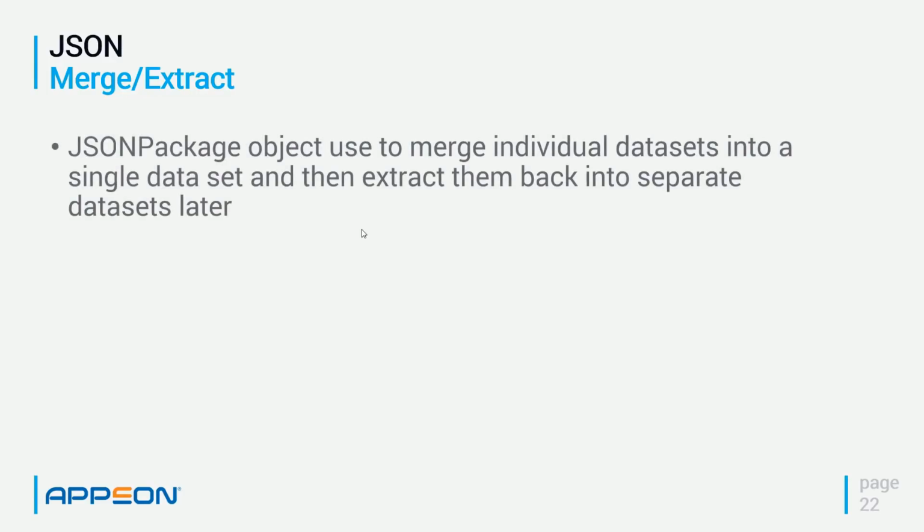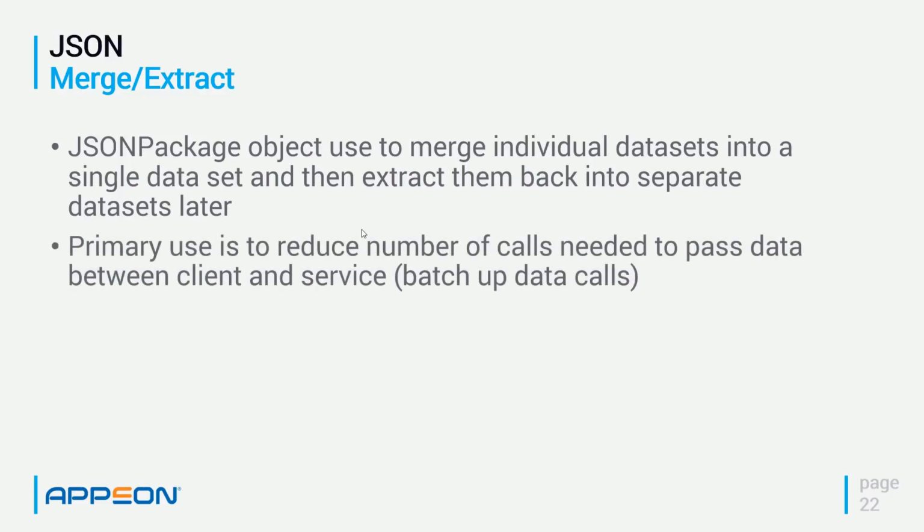We do that through a JSON package object. It allows the server component to batch up all 4 data sets and send them down as a single JSON object, and then on the client side, the client can go through and pull out the individual data sets.